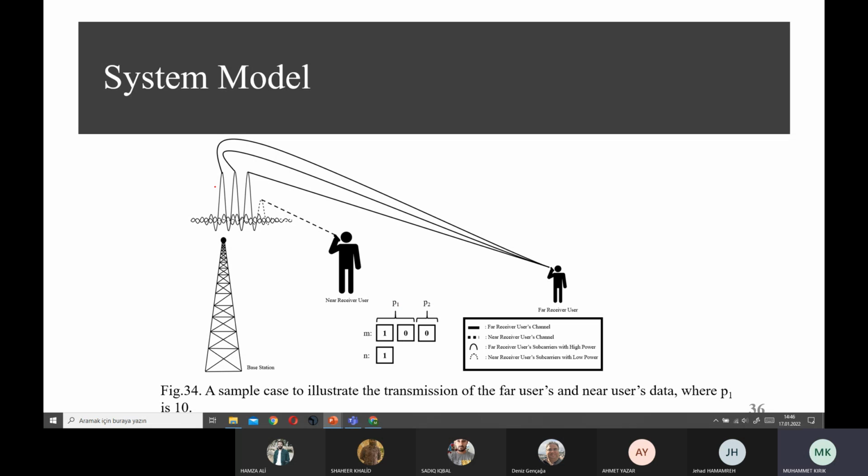And if you notice, the amplitudes of these subcarriers are higher than the 4th subcarrier. The reason for that is because we are using a high power to transmit our data to the far receiver, and we don't want the near user's data to reach the far receiver. So for this reason, we are using a low power for the near receiver subcarrier. And when we do that, we are basically completing our data transmission.